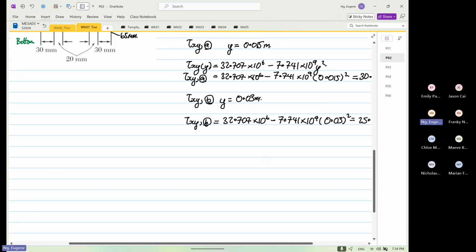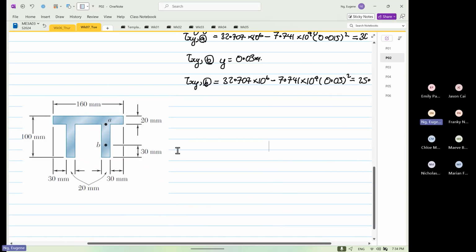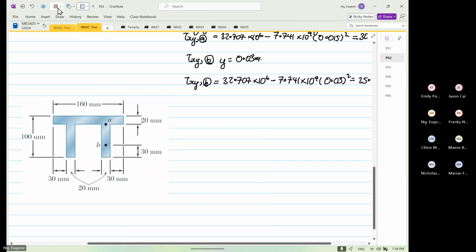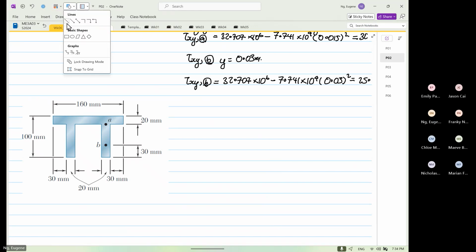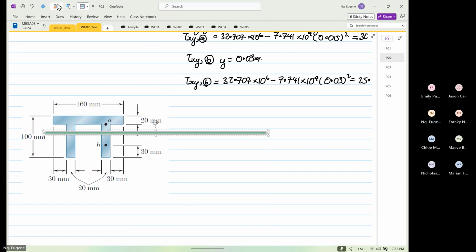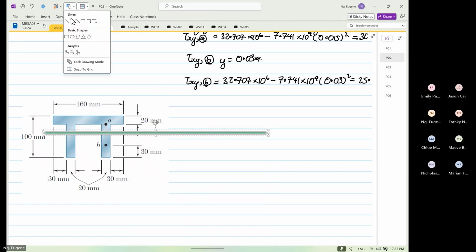So if we are going to sketch how the shear stress profile will look, I will do that now. We know that this is our geometric centroid, and this will be one of our axes.